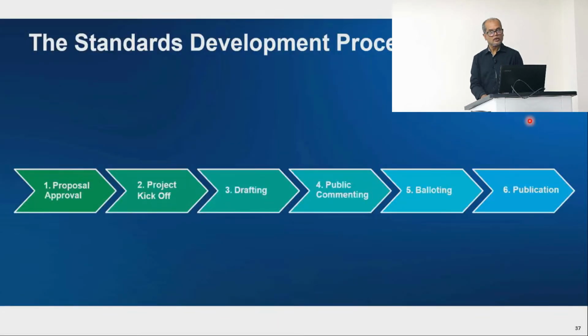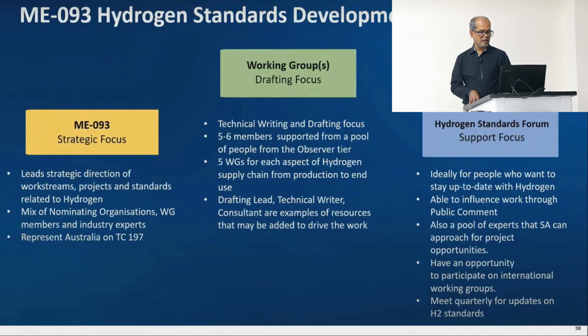This is the normal process by which those standards develop, including for hydrogen. After completing all the process, they will finalize and publish it and make it public so that anyone can utilize it. Now in Australia, we have one hydrogen standard development structure.